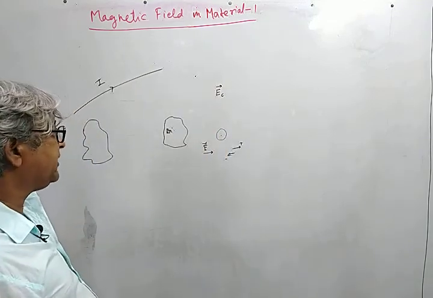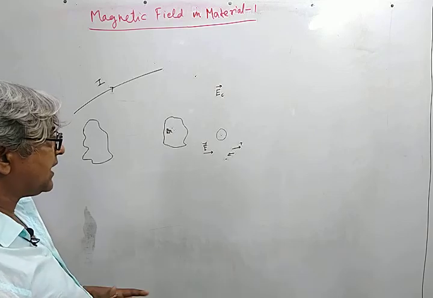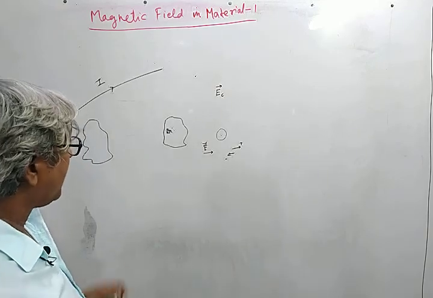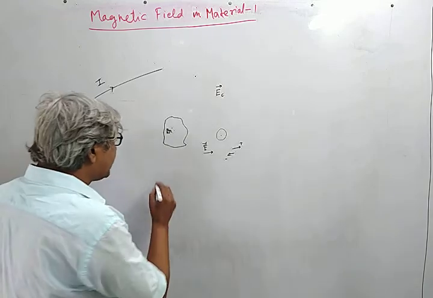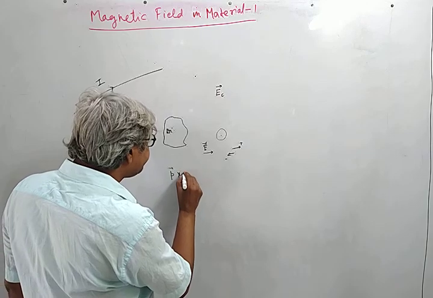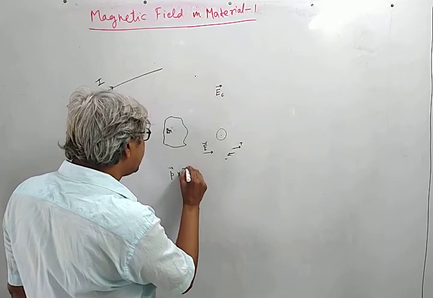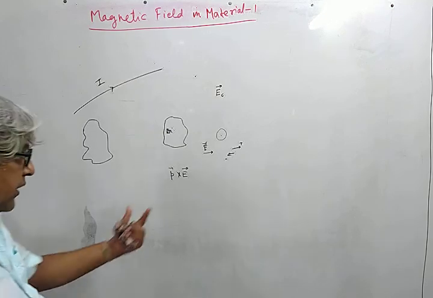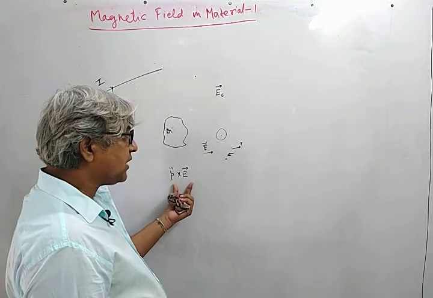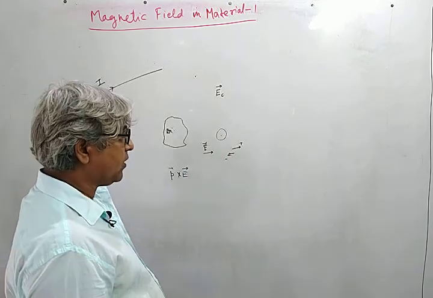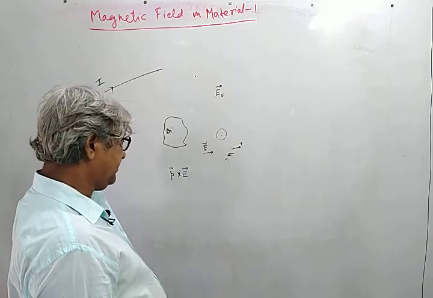Another prominent effect that takes place is that a dipole, when placed in a uniform electric field, experiences a torque P cross E, where P is the dipole moment and E is the electric field. So under the action of the torque, the dipole tries to orient itself in the direction of the external applied field.